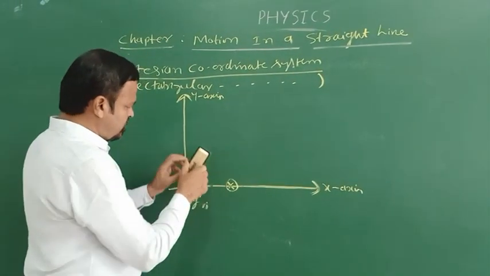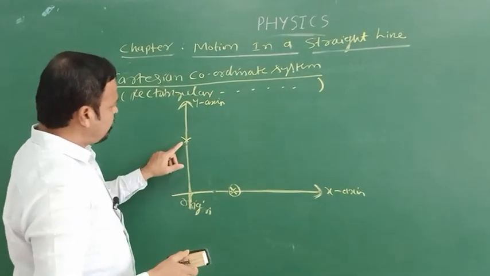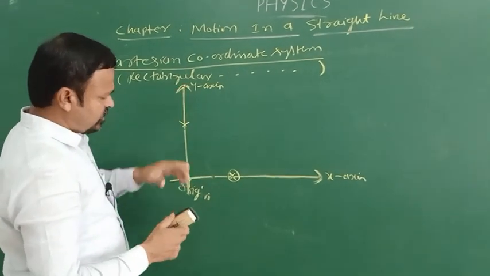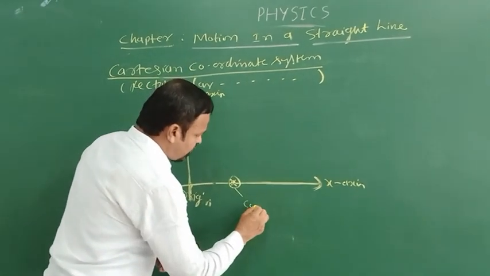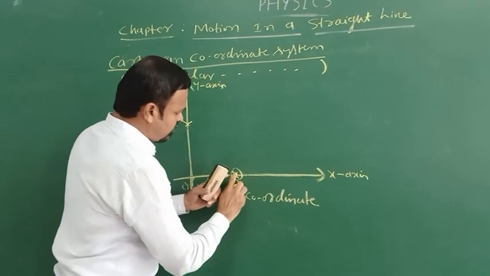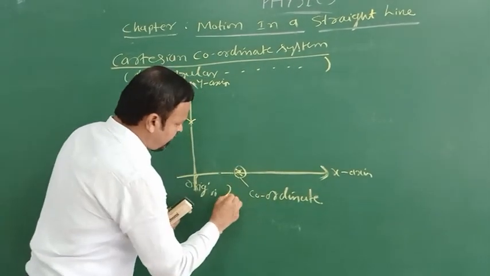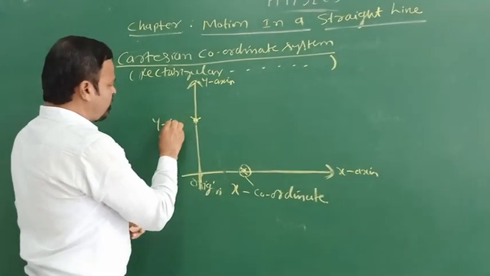Suppose the duster is at this point, now the position of the duster is along y-axis. These points are called coordinates. This is the point along x-axis, therefore x coordinate. This is the point along y-axis, this is called y coordinate.